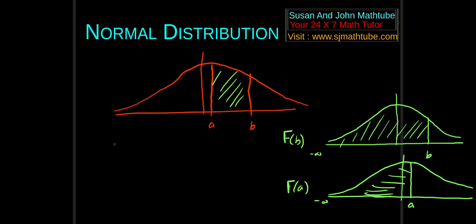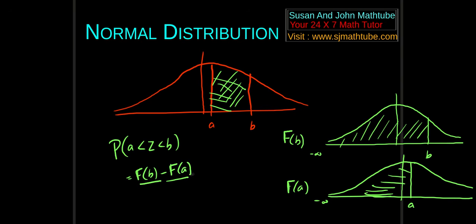So what will be the area between? Suppose you want a less than Z less than b. That means the area between a and b. So all you have to do is find F of b minus F of a, which is available in our table. So I hope you understood this logic.